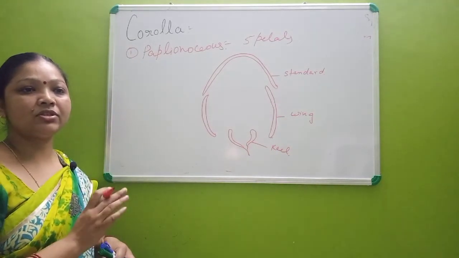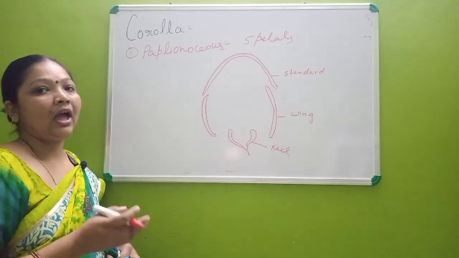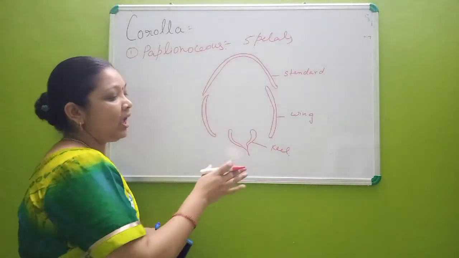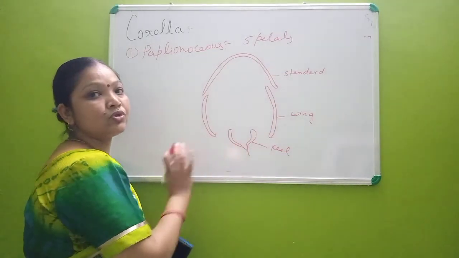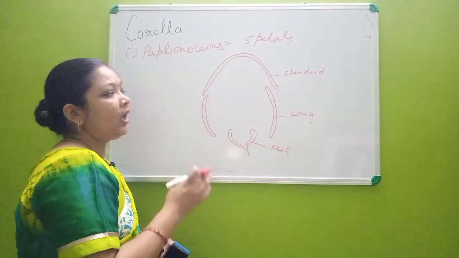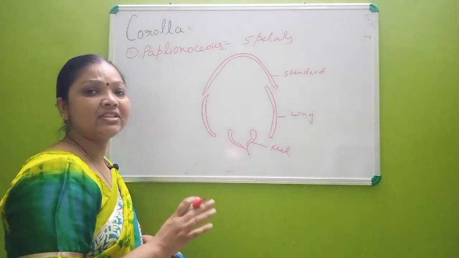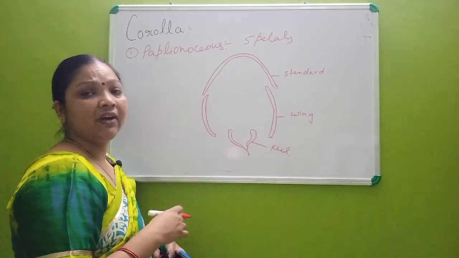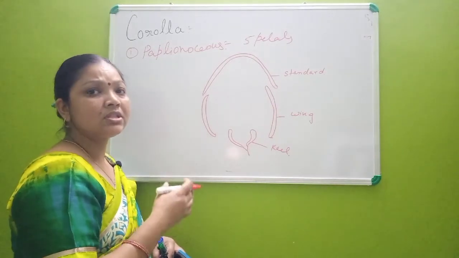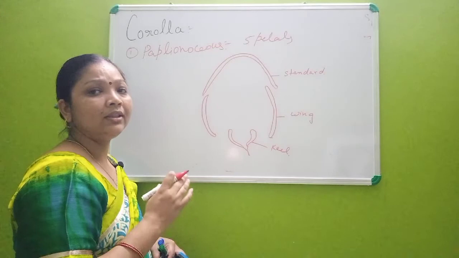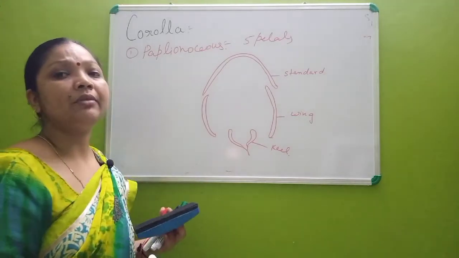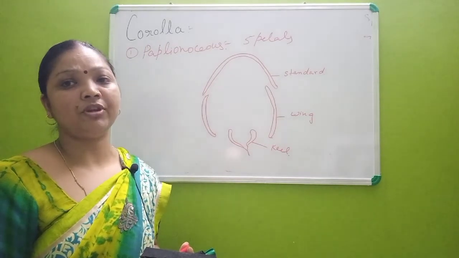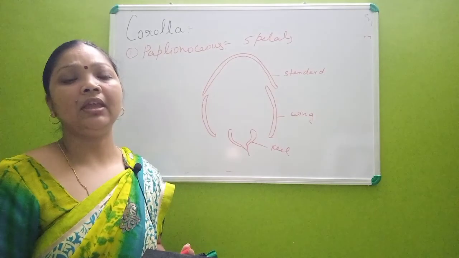This arrangement is found in the Papilionaceae family. At the posterior end there is only one big petal, and at the anterior end there are 2 smaller petals which are ultimately joined. This type of arrangement is called vexillary arrangement or vexillary aestivation, which we will study later. This is the second type of corolla, generally found in the Papilionaceae family. An example is the pea plant.